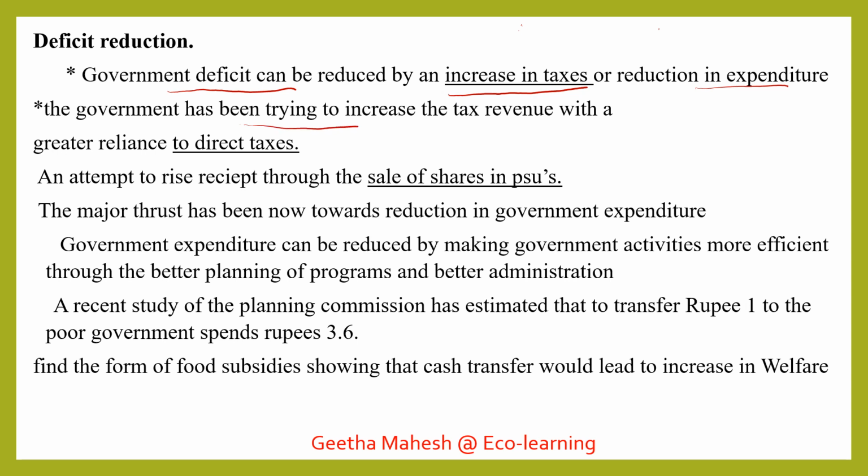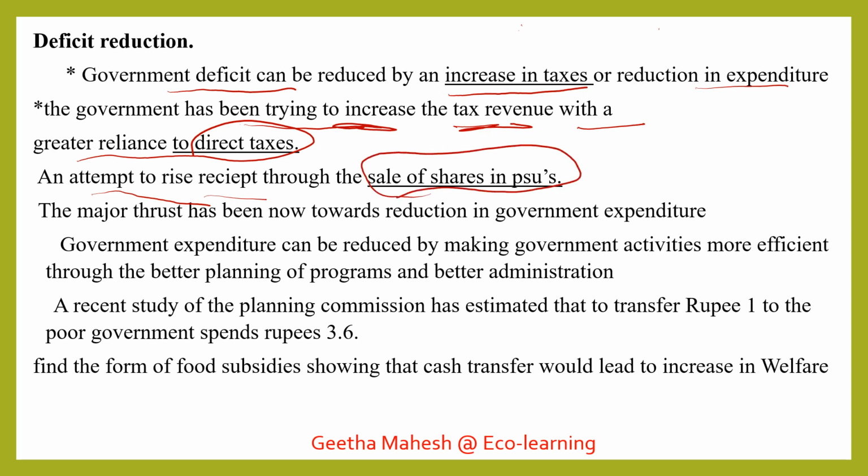Government has been trying to increase tax revenue with a greater reliance on direct tax. So they are trying to increase the tax revenue through direct taxes. And at the same time, an attempt to raise receipts through sale of shares in the public sector units. Government has established so many production units, that means industries.